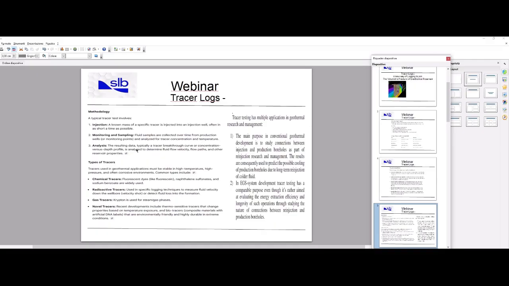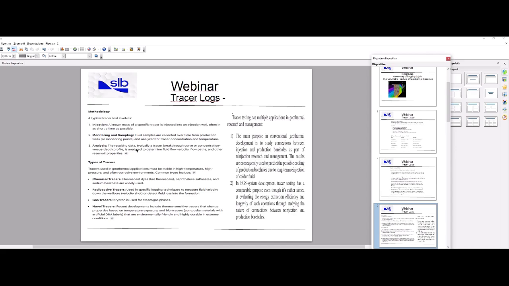What type of tracer can be used? Tracers used in geothermal application must be stable in high temperature and high pressure, it's clear. And we can use chemical tracers like fluorescent dyes, radioactive tracers using specific logging technique to measure fluid velocity down the wellbore, so the velocity shot, and detect fluid loss into the formation.